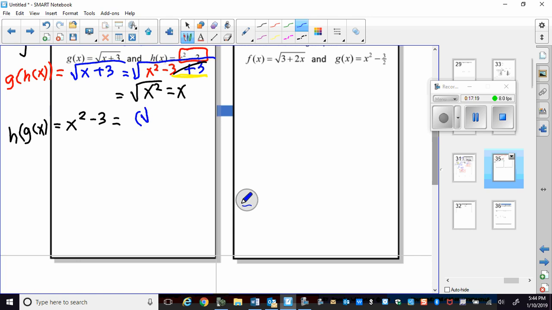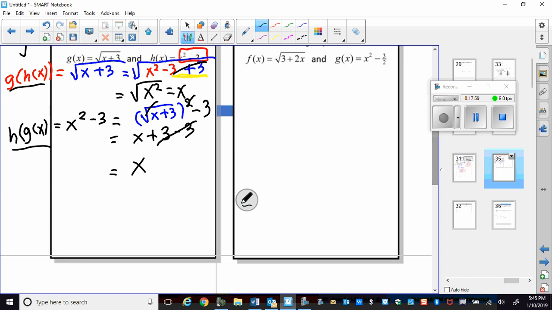So the square root of x plus 3, and we use parentheses because that's a big quantity, and it's squared, minus the rest of h. We're going to simplify. Remember, radicals get canceled if they're squared. This becomes x plus 3 minus 3. This goes away. I'm left with x. And the goal here was to make sure that these two compositions both equal x.